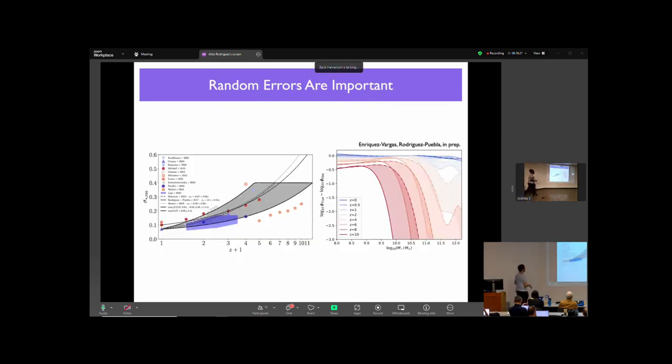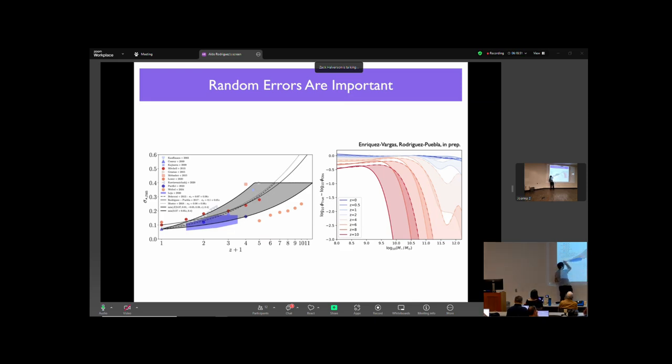I'm coming back again to my figure of random errors as a function of redshift. In the previous figure, I showed you the results of using this relation that I'm showing here, the upper envelope for random errors. But there is new data, in particular random errors estimated based on James Webb data, which tell us that maybe at higher redshifts they are not so pessimistic like these random errors.